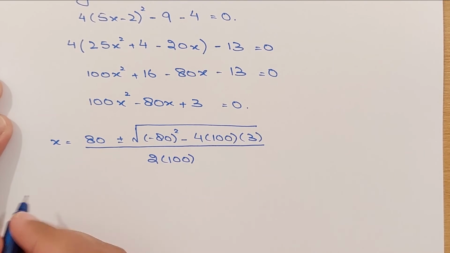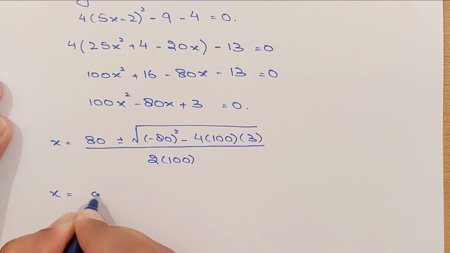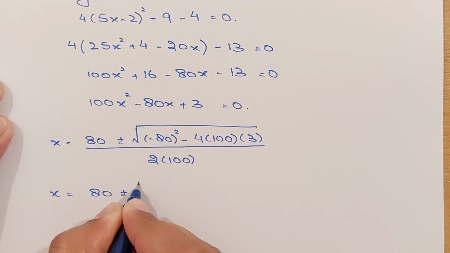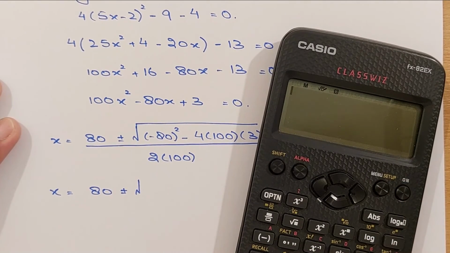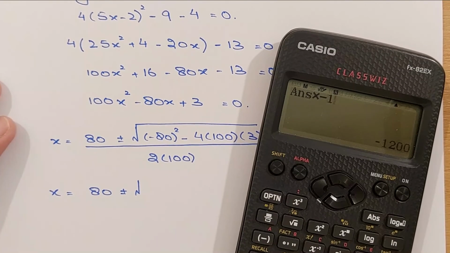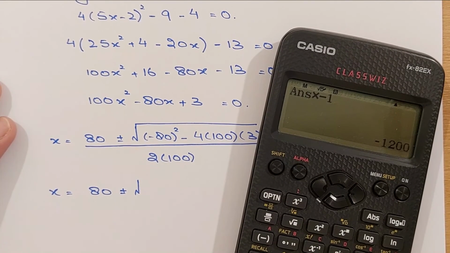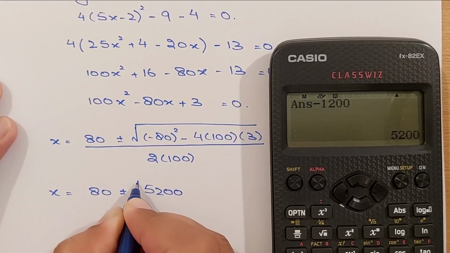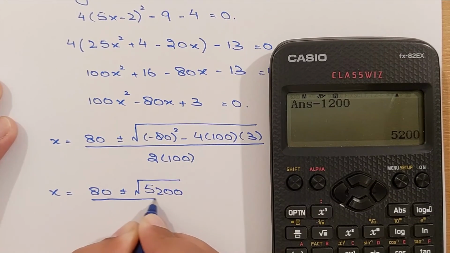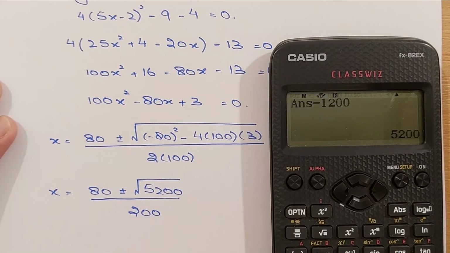Okay, now further simplification, x is equal to 80 plus minus square root, we can say that 4 times 100 times 3 times minus 1 is minus 1200, and 80 square minus 1200, this is 5200, divided by 200.